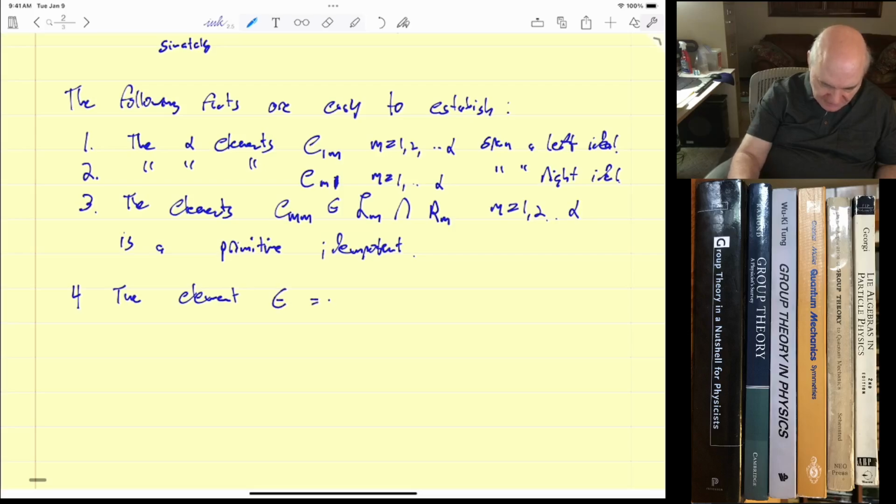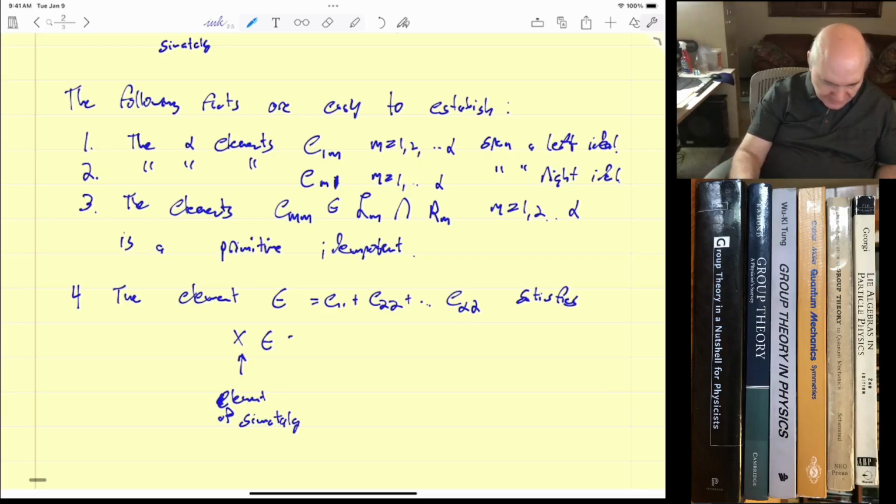Let's call it epsilon, E_11 plus E_22 plus dot dot dot E_alpha alpha. It satisfies, for any element of the simple matrix algebra, x epsilon equal to epsilon x, and so this is equal to the sum over i, k of x_ik e_ik, and so it commutes.